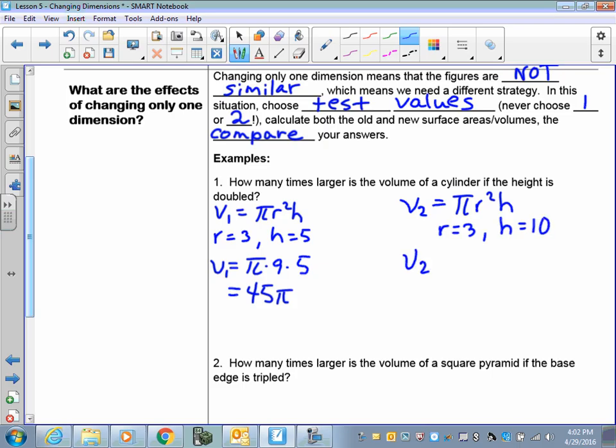So this cylinder is going to have a volume of pi times 9 times 10, which is going to be 90 pi. So we can see that the volume of this second cylinder is twice that of the original. How many times larger? It's twice as large.